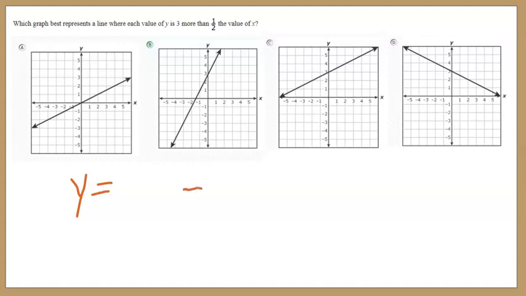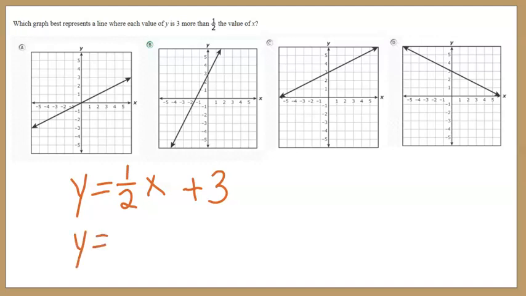If it's more than half of x, we're going to be adding 3. And if we are doing half the value of x, we would say half of x. And we want 3 more. So y equals 1/2 x plus 3.